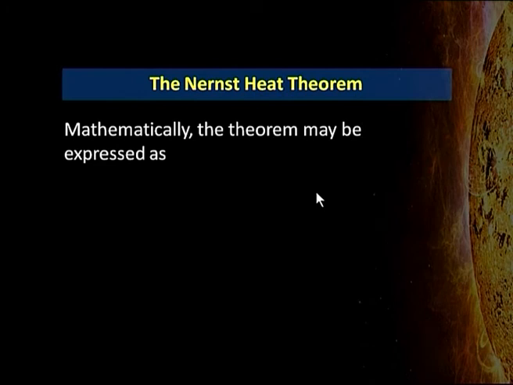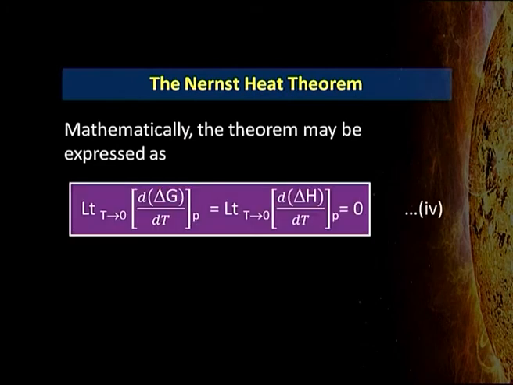Mathematically, the theorem may be expressed as the limit of d delta G by dT at constant pressure as T tends towards 0 is equal to the limit of d delta H by dT at constant pressure as T tends towards 0, which is equal to 0. This is our equation number 4.